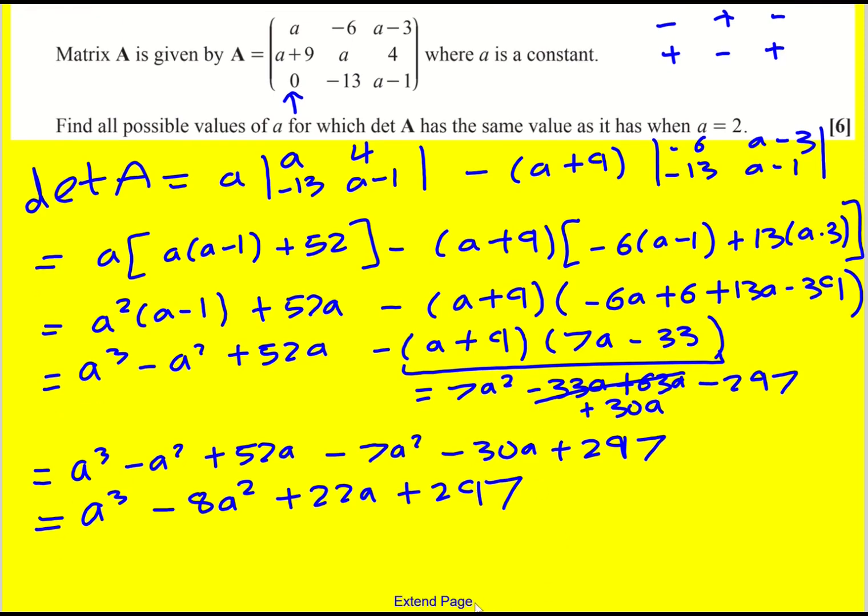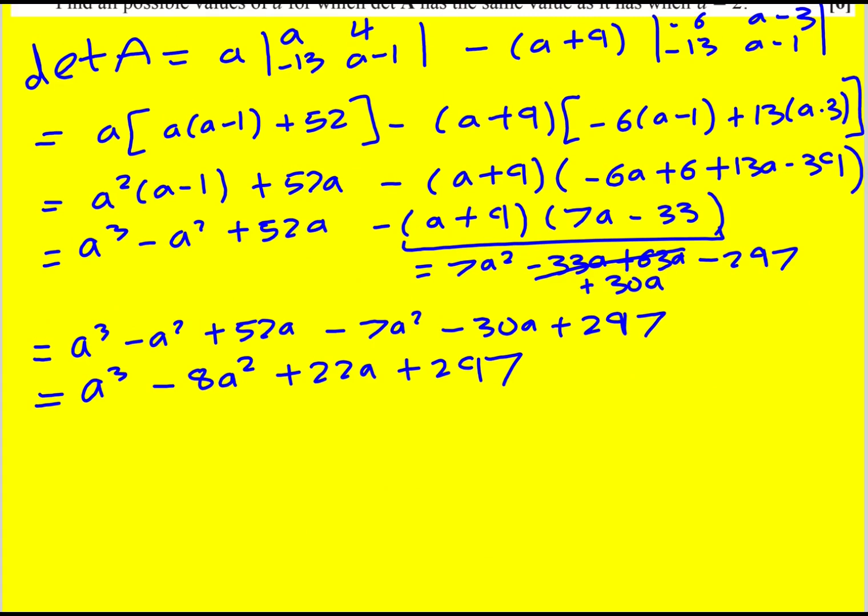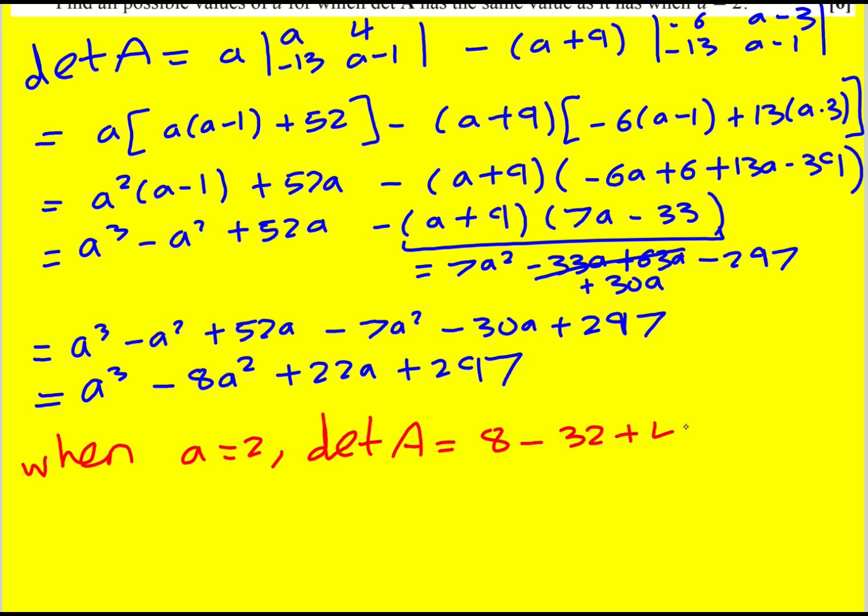Right, now I'm interested in the value when a is 2. 8 minus 32 plus 44 plus 297.